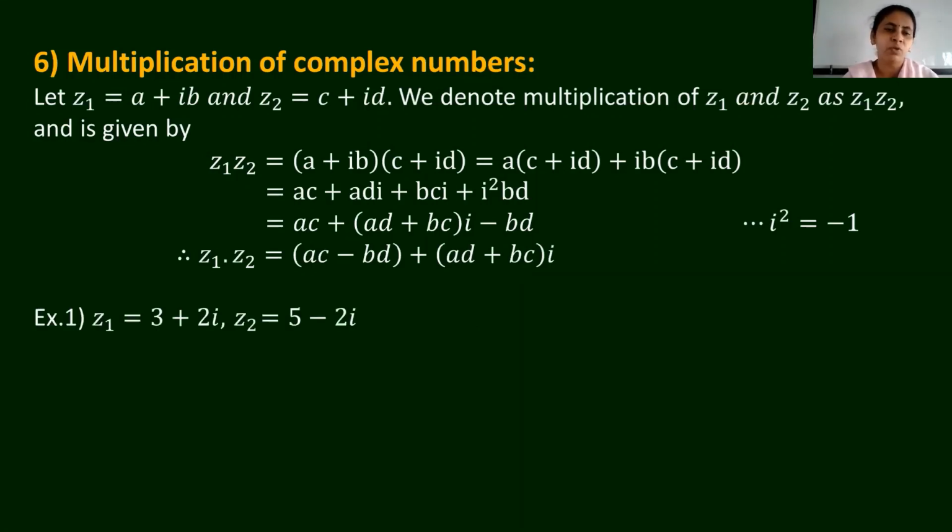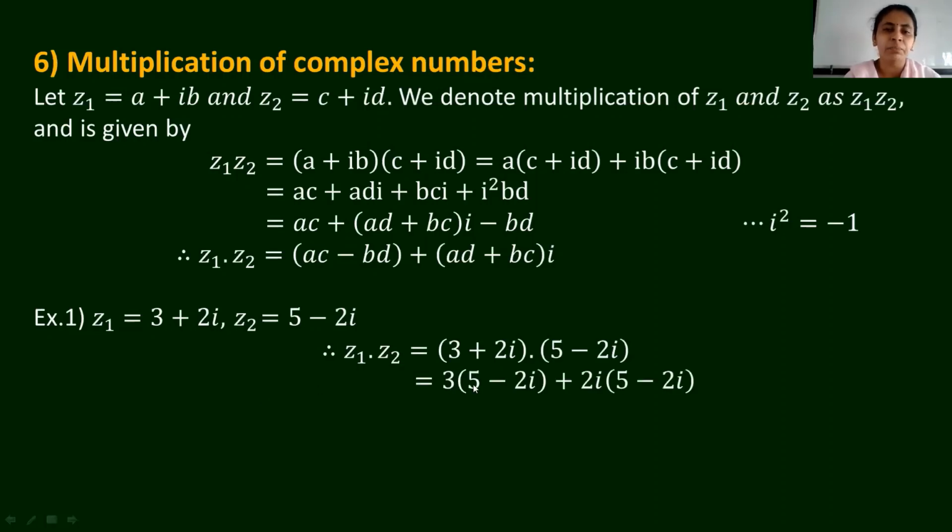For example, suppose we have z1 is equal to 3 plus 2i and z2 is equal to 5 minus 2i. Then z1 into z2 is equal to 3 plus 2i into 5 minus 2i. As per the above method, we get 3 into 5 minus 2i plus 2i into 5 minus 2i.